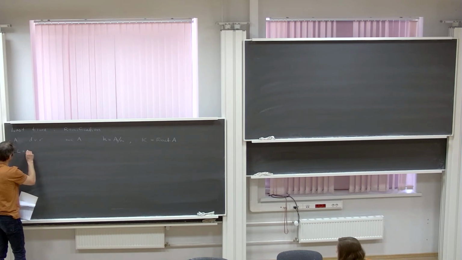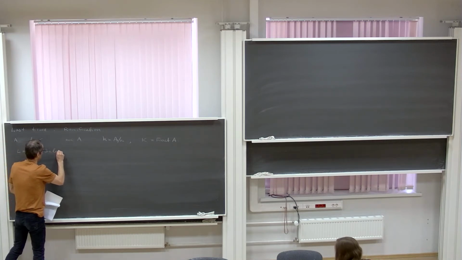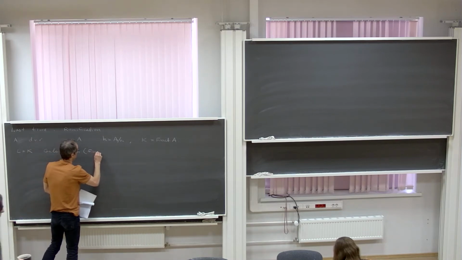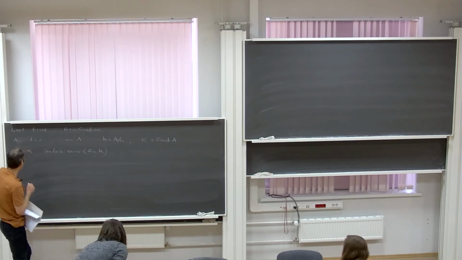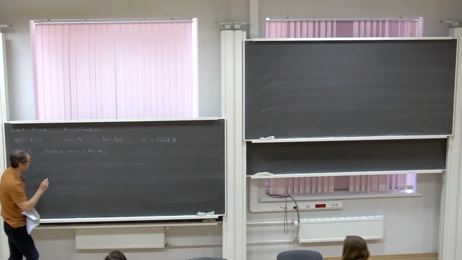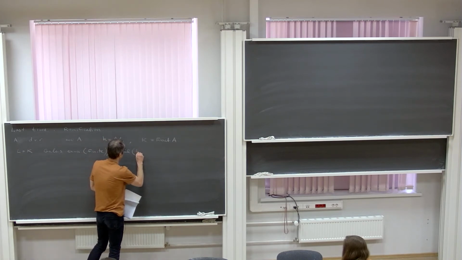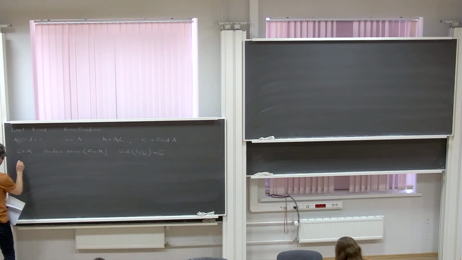And this time I will even assume that it's a Galois extension. Say we are interested in the Galois group of L over K, and let it be G. And we have the integral closure. So this is in K, this is in L.